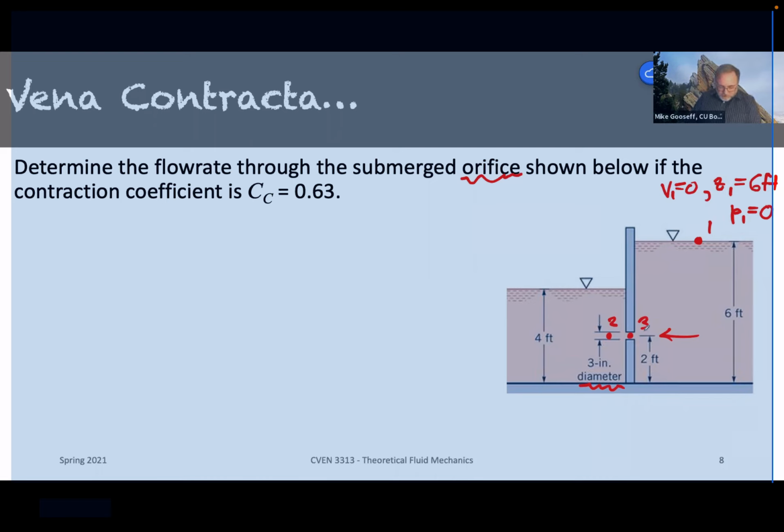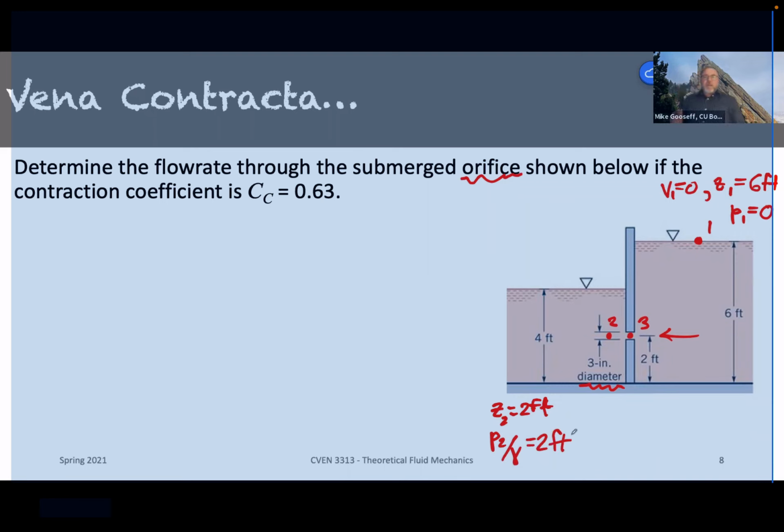So if 2 is right in line with 3, and those are halfway up the left-hand water column, then we know that Z2 is equal to 2 feet. And we also know that P2 over gamma is equal to 2 feet.